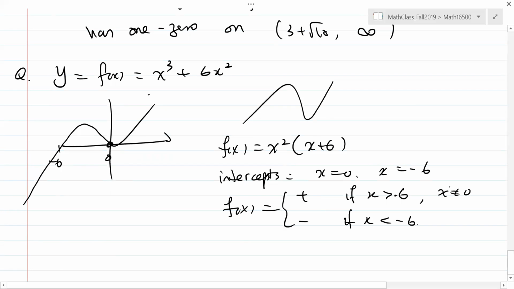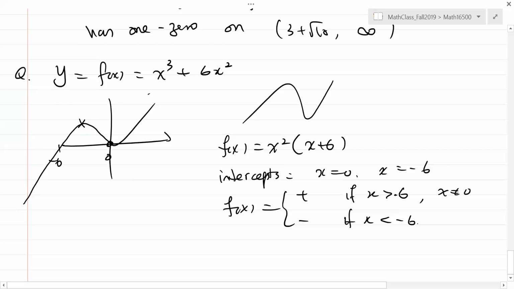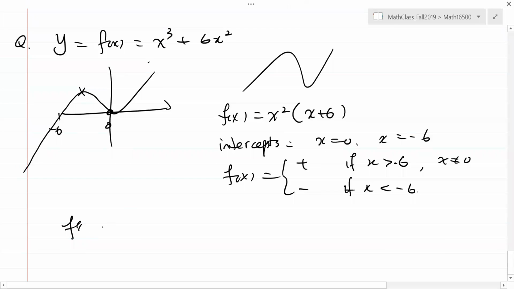The graph of a polynomial of degree 3 only has 2 fixed types of graphs. So from here, I just needed to find the local maximum point, right? Find the derivative. The first derivative is 3x squared plus 12x, which is 3x times (x plus 4).